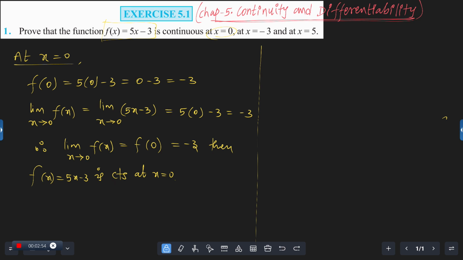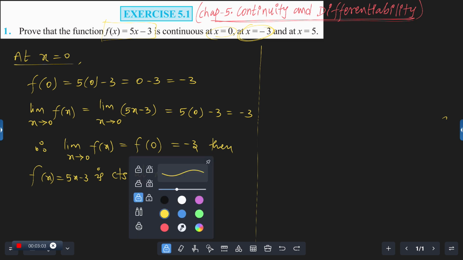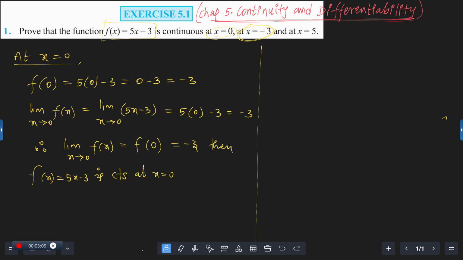Right, fine. In the same manner, at x is equal to minus 3, we want to check. At x equal to minus 3, what is the result? That we have to check. First of all, the function value, f of minus 3.